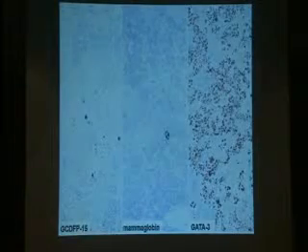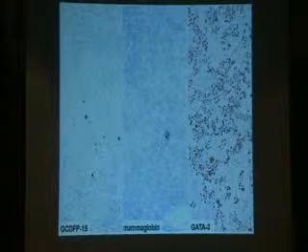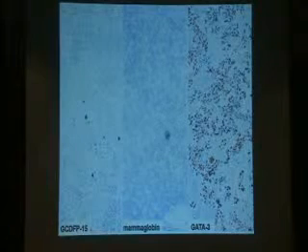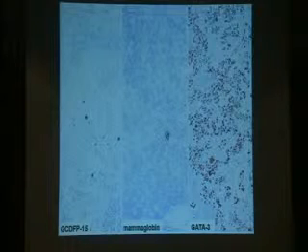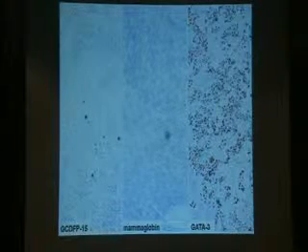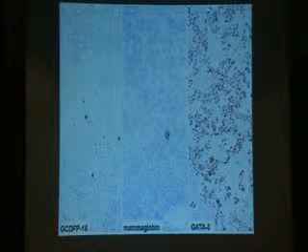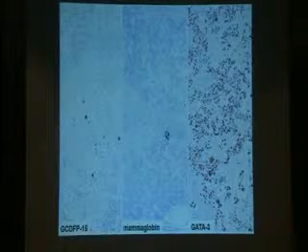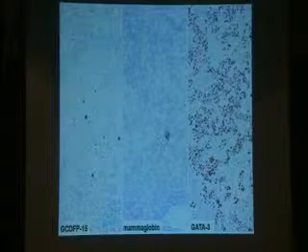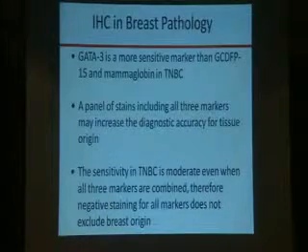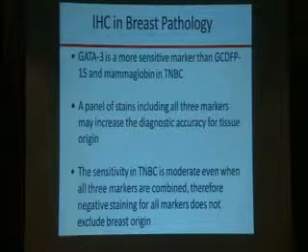And if you look at the GATA3 positivity versus other so-called breast specific markers, GATA3 staining tends to be more diffusely positive than especially mammaglobin, because sometimes you can have all of these scattered positive cells. So in general, GATA3 is a little more specific, but this panel of 3 markers is usually more commonly used and recommended.